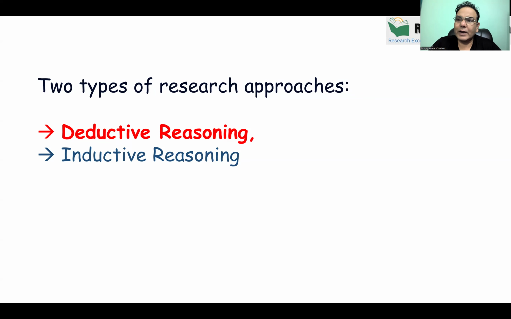I count this approach as deductive reasoning because sometimes you are applying the theory to some new product or new phenomena. Applying an old theory to a new phenomenon is known as deductive reasoning. For example, there is a theory known as the technology acceptance model.